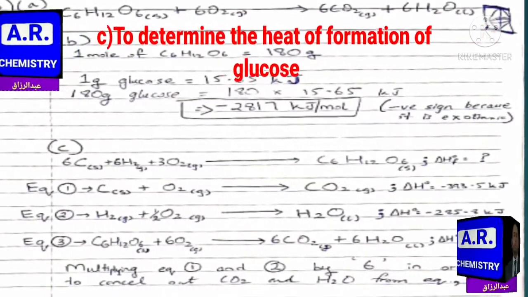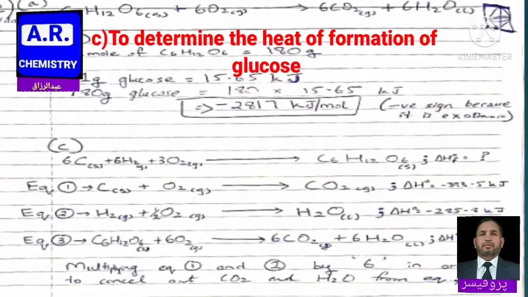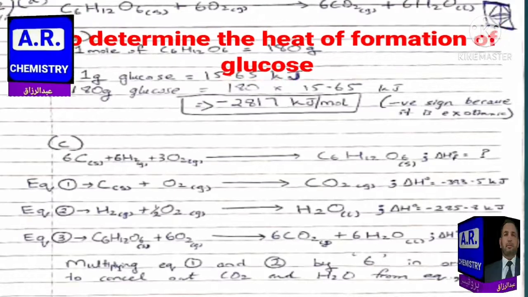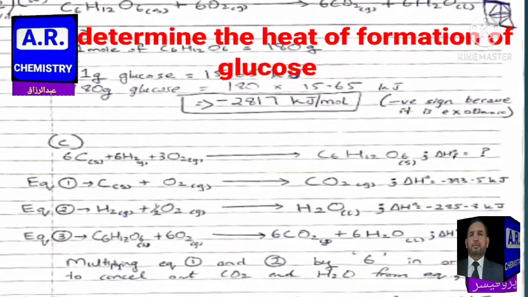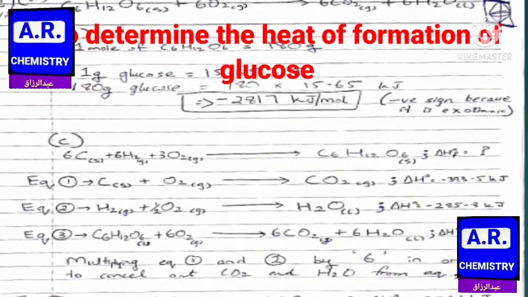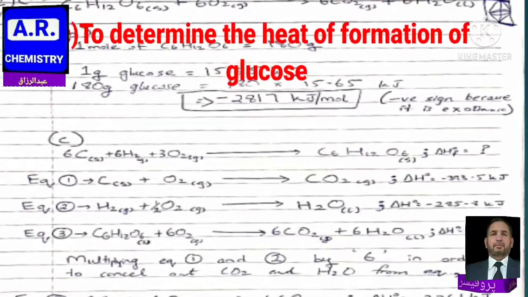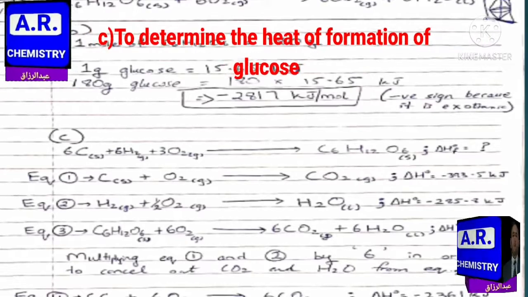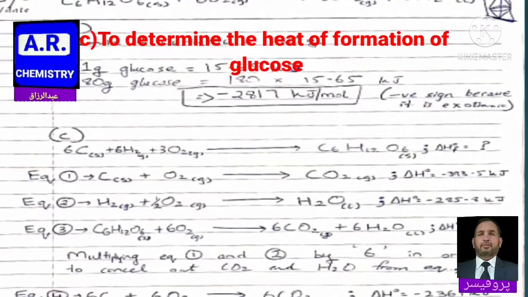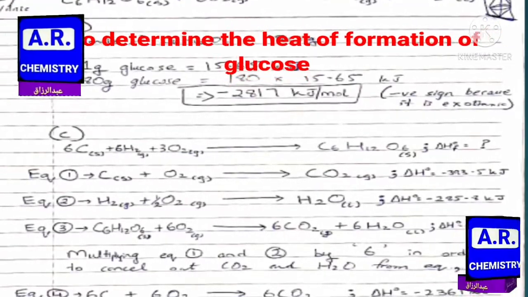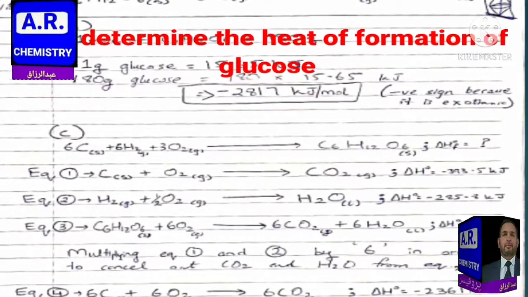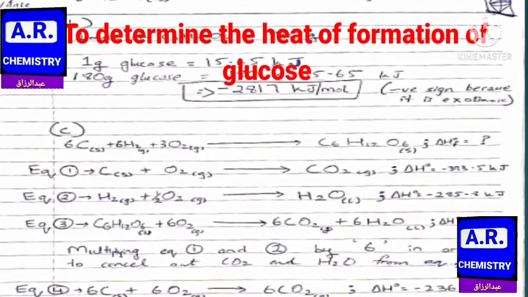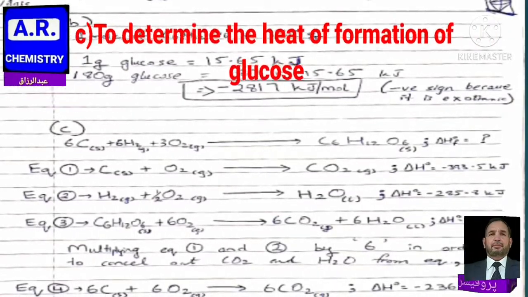In this question, the compound is glucose, and glucose is formed from carbon, hydrogen, and oxygen. So you write 6C plus 6H2 plus 3O2 arrow C6H12O6 in solid state, and next delta H naught f with a question mark.